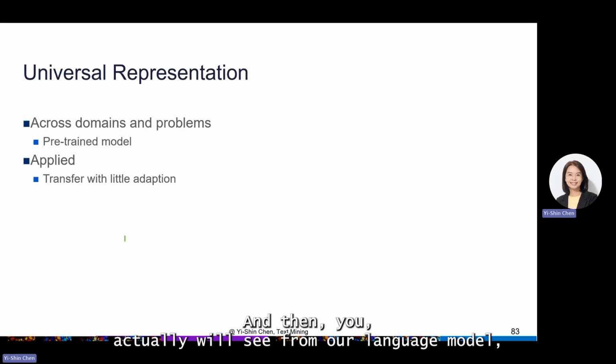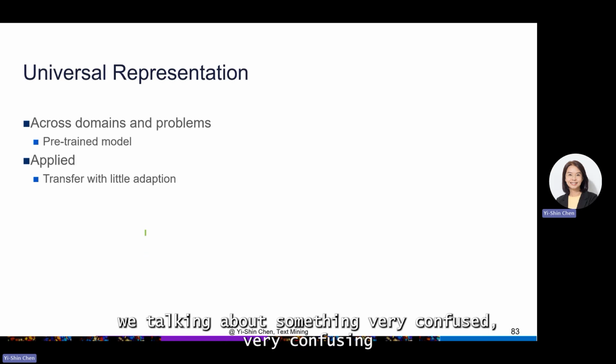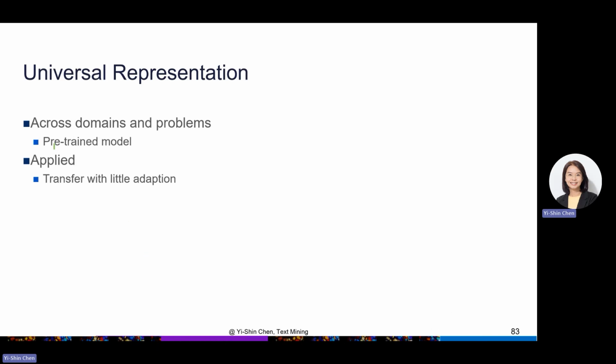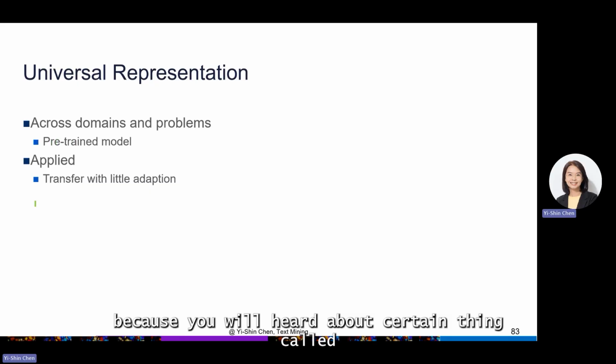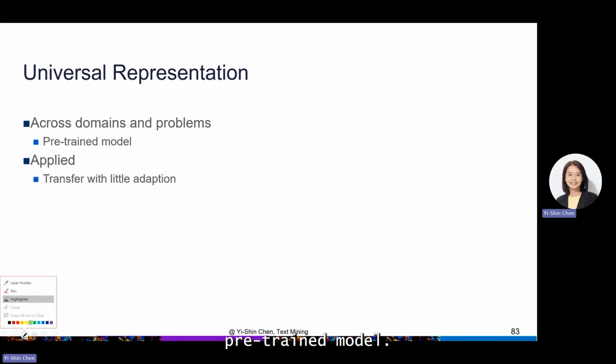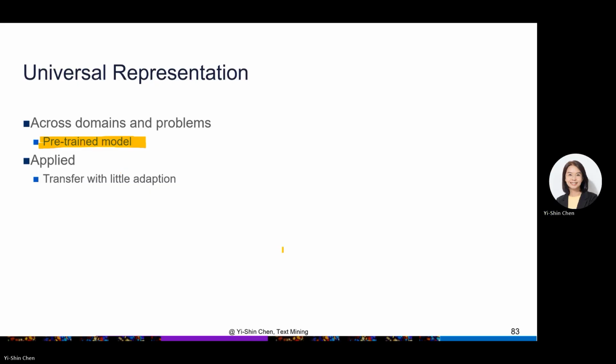Okay, and then you will see that with language models, we're talking about something very confusing, because you will hear about something called a pre-trained model. Pre-trained model. What does that mean? Pre-trained model usually means that, let me do that again.